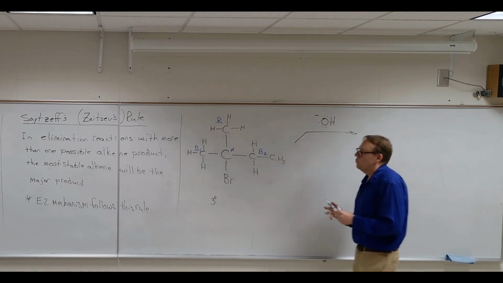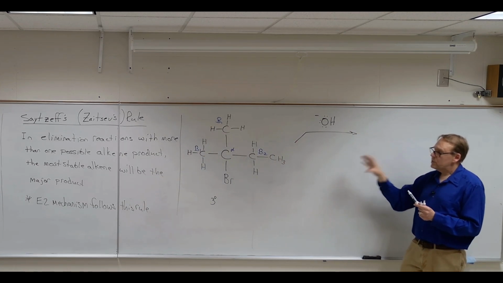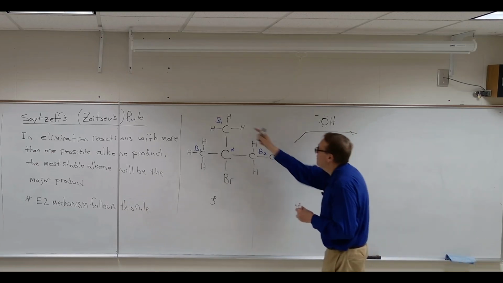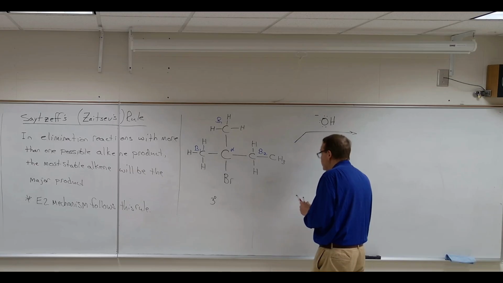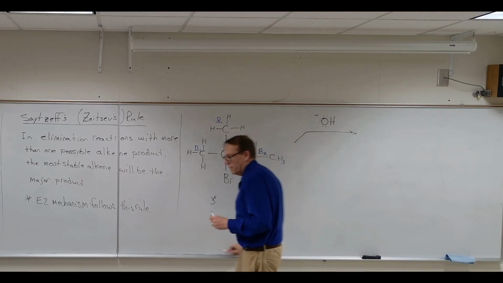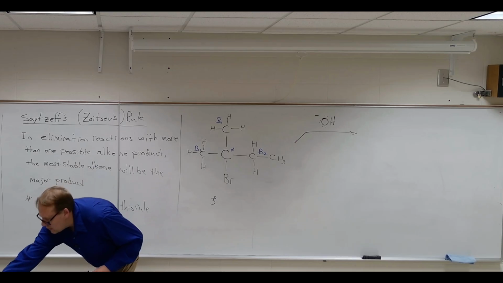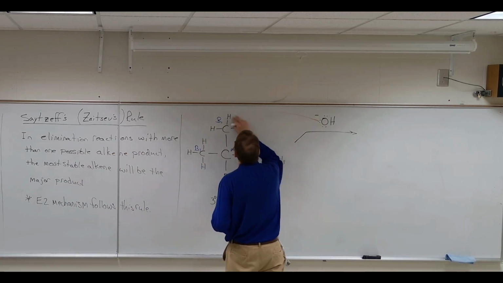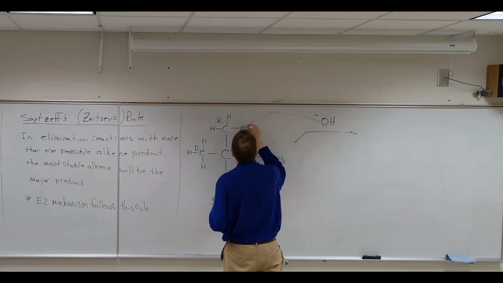So the base, when it's approaching this molecule, can bump into two different kinds of beta positions. It could bump into beta 1. So if beta 1 reacts first, this will be the first thing I look at. I'll have it going to here.